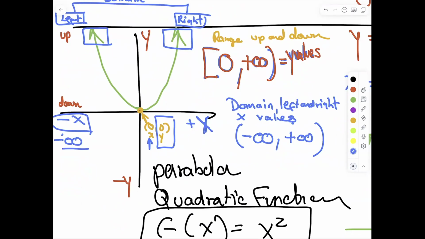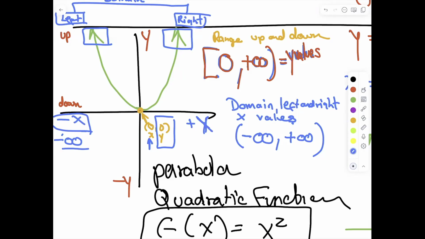Does anybody know where infinity stops? No. Absolutely not. We don't know where it stops. So we need to understand domain and range for this.